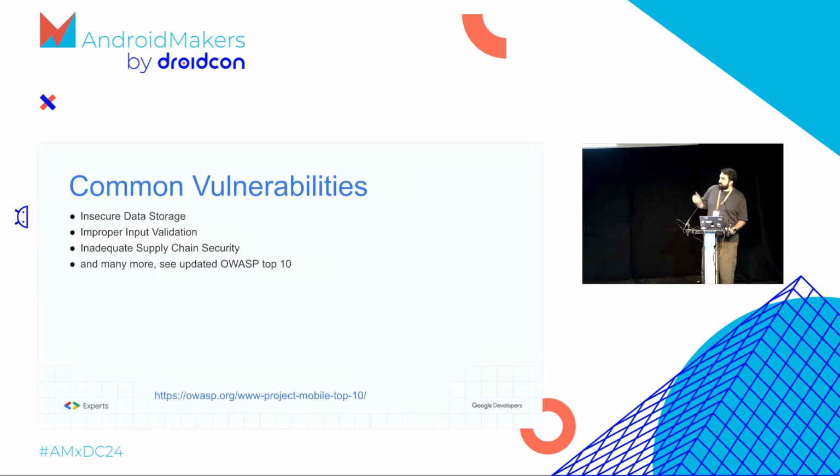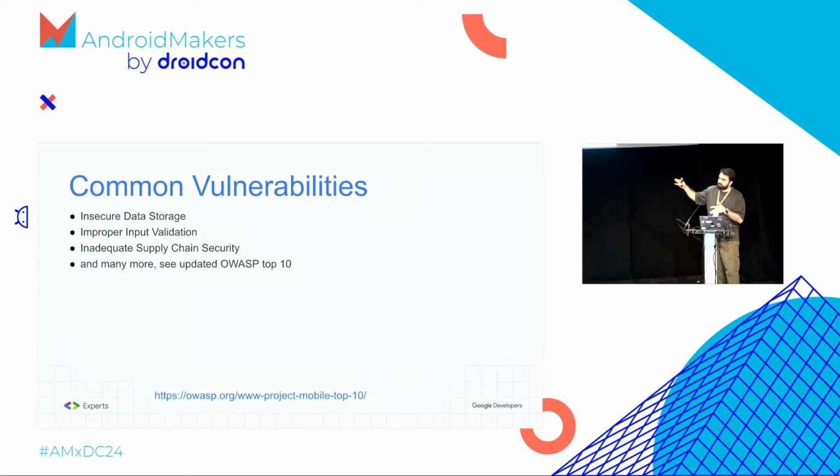So one of the common vulnerabilities, here's the list, for example, insecure data storage, improper input validation, inadequate supply chain security, and this one is the new one in the OWASP top 10.